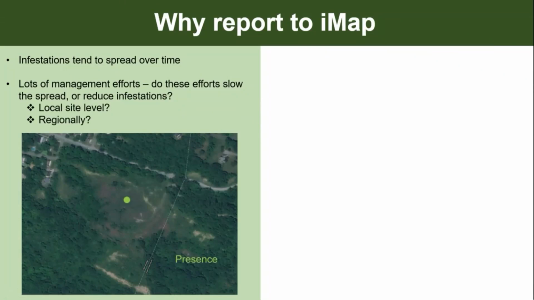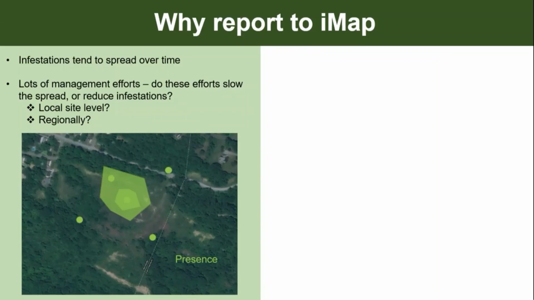So you could document that with a presence record. The next year, it might grow, and you might document that now as a polygon, and then maybe there are other points where it's spread to. And as the years go by, it'll keep growing. So that's kind of the change of infestations over time.